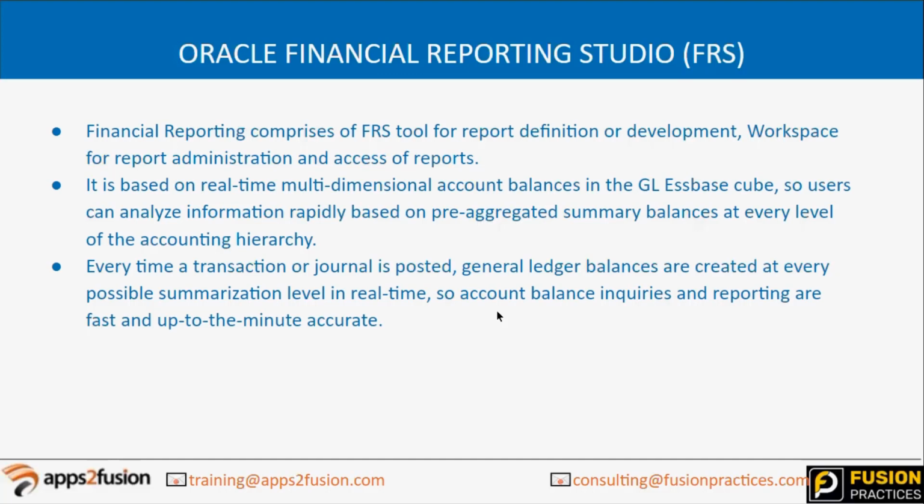So the retrieval is quite easy in this case. This is why it is very user friendly for all business users. They don't have to worry about the backend processing that is going on. They just have to do the drag and drop, give the values for all their dimensions, and voila, you will get your balance amount right in your report.